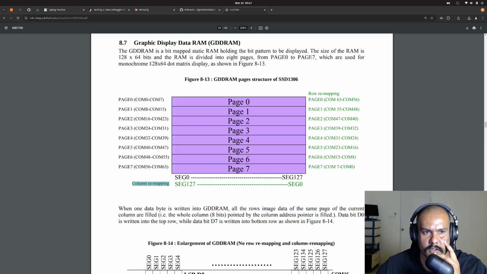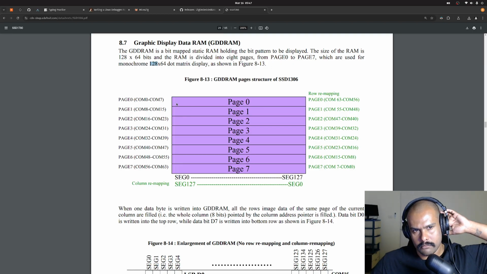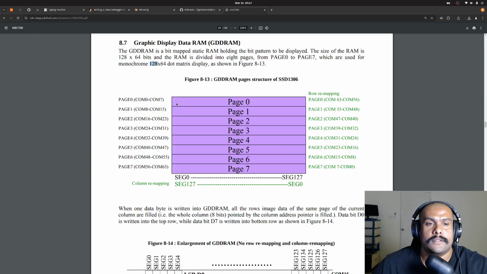So each page has that many. Is it bytes or bits? Bits. Bits, I guess. It's a little bit confusing.